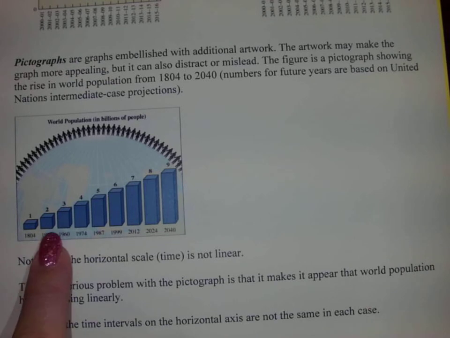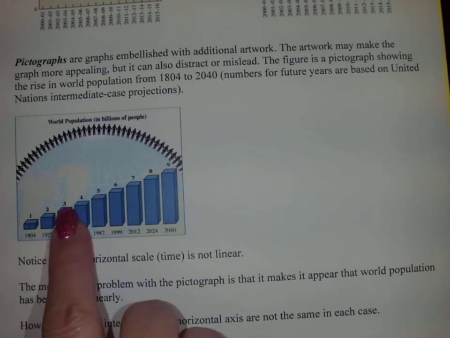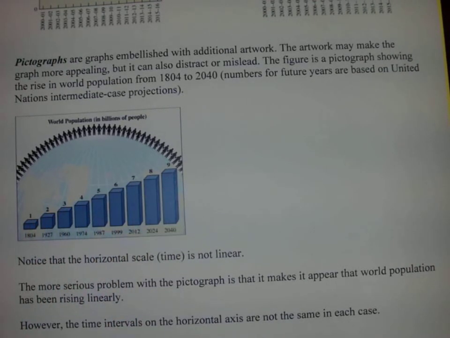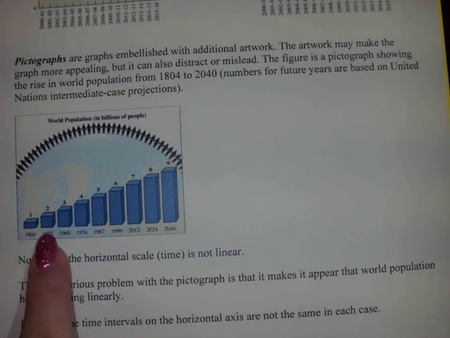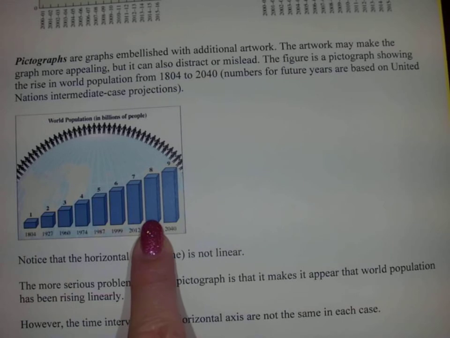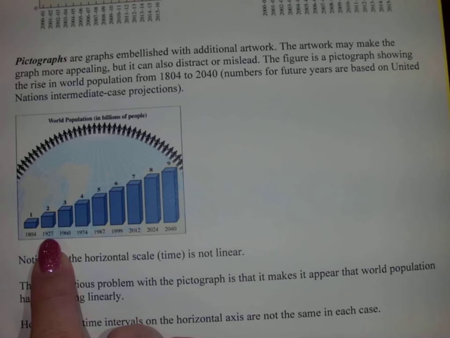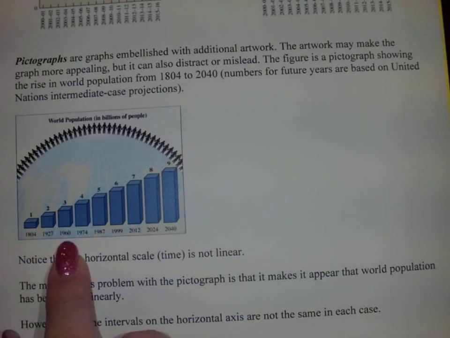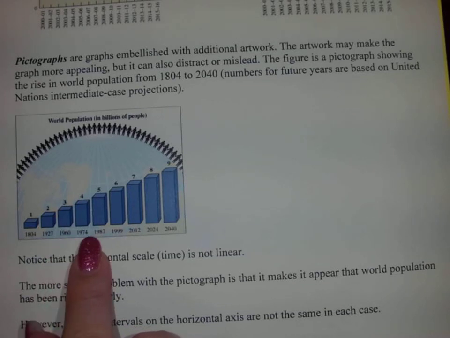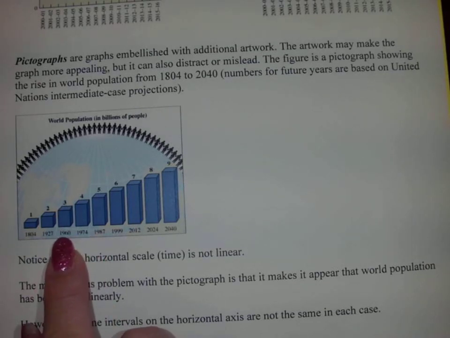When you're looking at these numbers here, it looks like our population's going up at a steady rate, but you have to pay attention. The scale down here is not linear, which means it's not scaled in certain increments of time. So from 1804 to 1927, that's like a 123-year difference, but from 27 to 60, that's like 33 years. From 60 to 74, that's only 14 years.